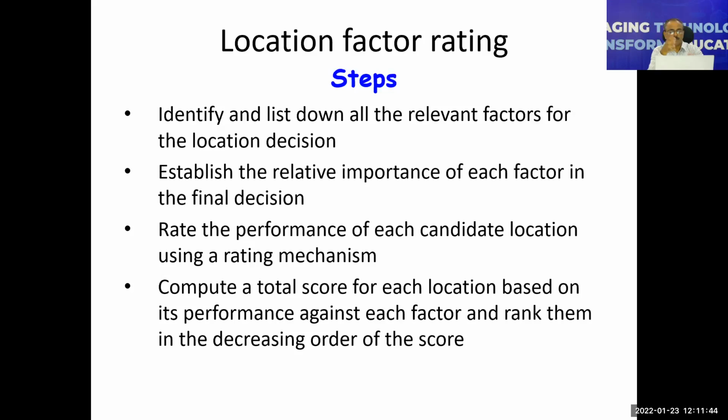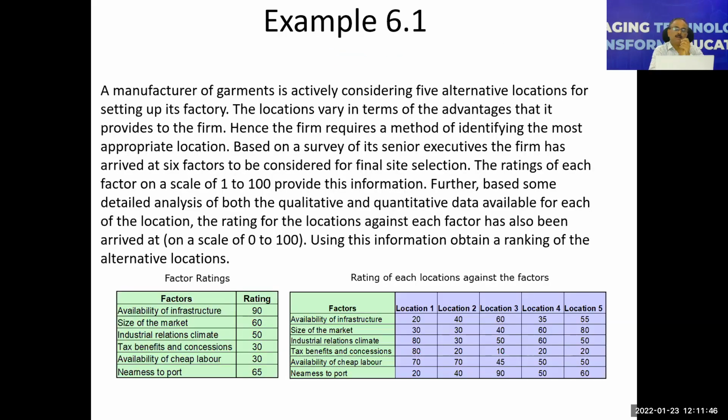Here is an example of a garment manufacturer who is looking at 5 alternative locations, and there are certain factors associated with setting up this garment manufacturing facility.